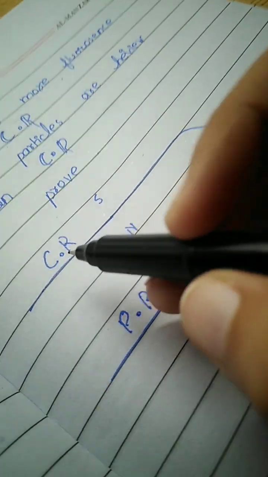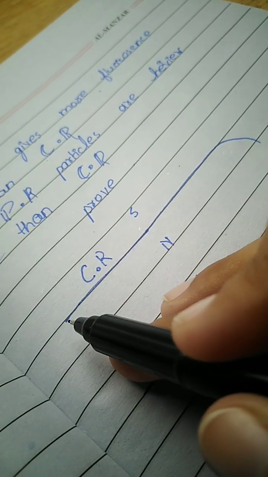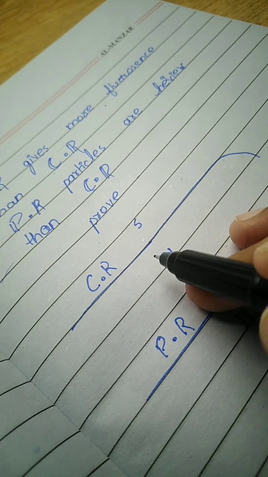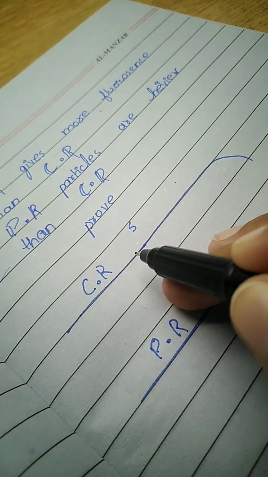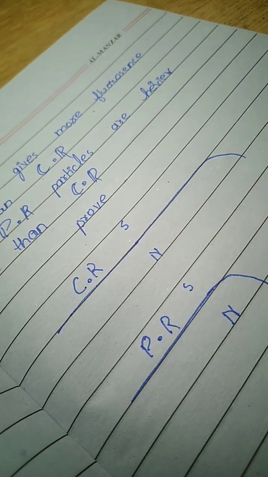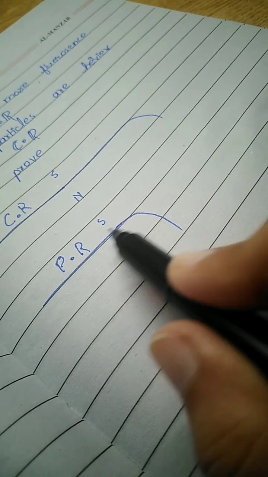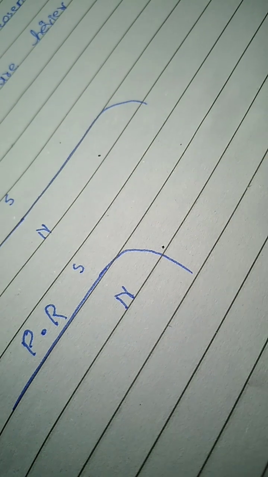When we pass the cathode rays through the south and north poles of a magnetic field, they go forward and then bend down. The positive rays rapidly bend down because they have more mass. That's the point. This is all about today's lecture.